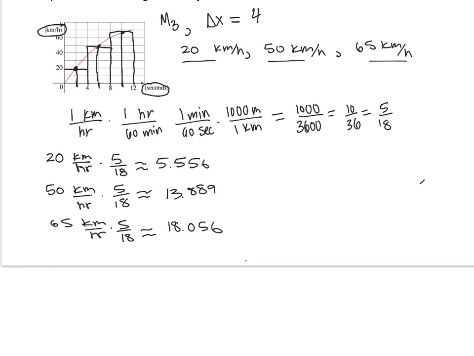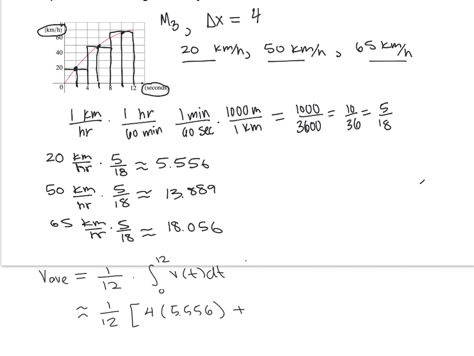Now the average value of the velocity, don't forget the 1 over b minus a, that'll be 1 over 12, times the integral from 0 to 12, whatever your velocity function is. And we're going to estimate that velocity function using this midpoint estimate. So for our first rectangle, our base is 4, our height is approximately 5.556.